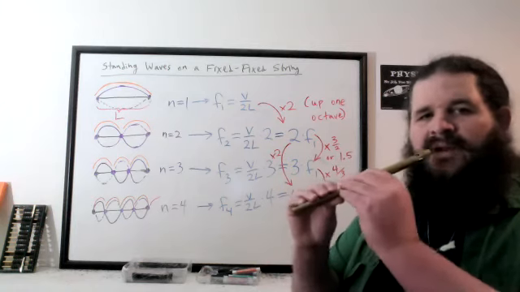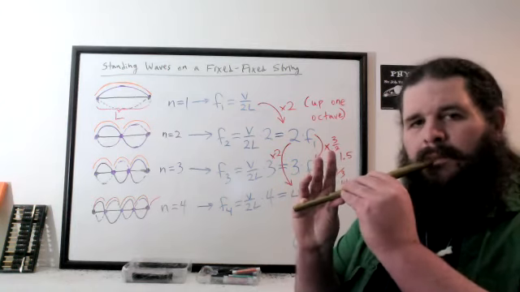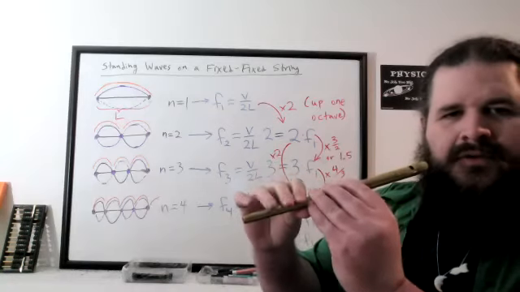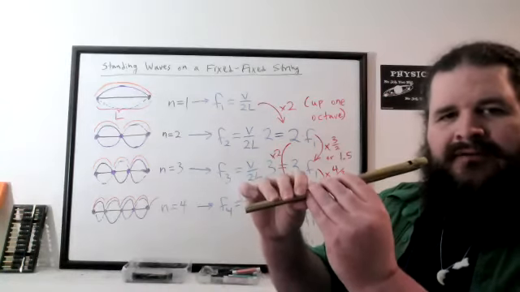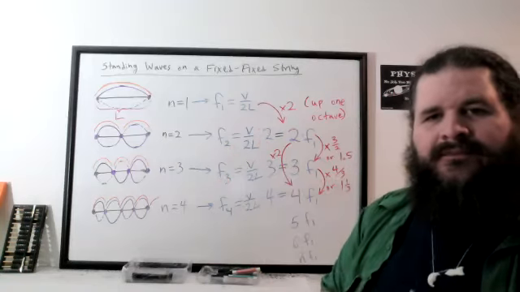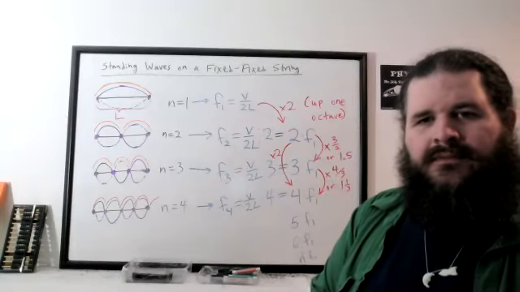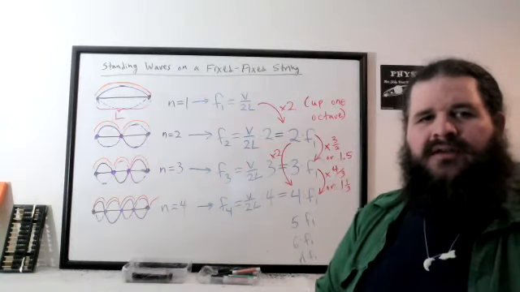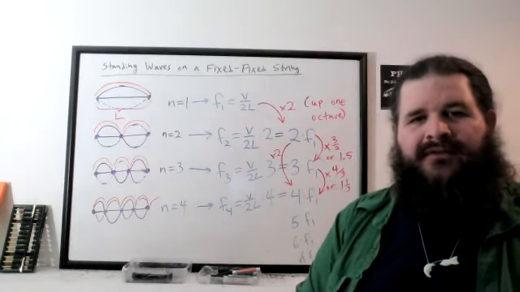Like if I'm just going from one note to another, I'm just lifting up some fingers, right? What happens to the pipe if I have uncovered some of these holes? Those are different notes because I'm producing different frequencies.